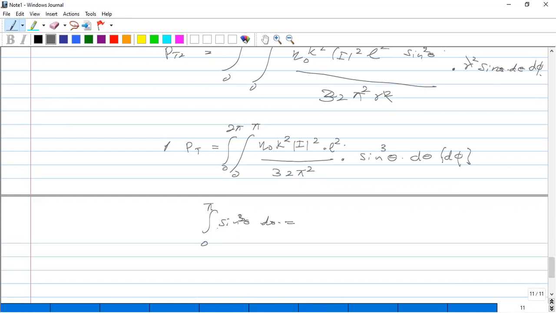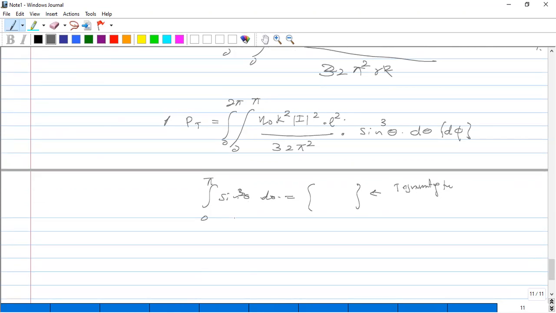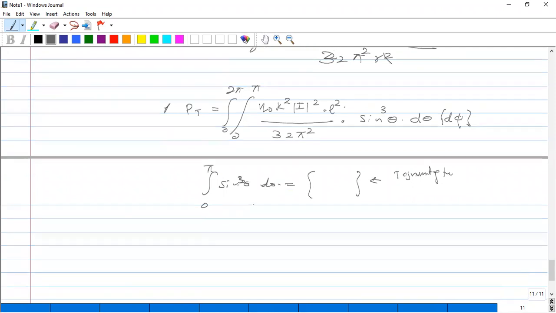So you have to do this integral. Either you can do it using trigonometric identity. Okay, so try to do it by yourself. I think you have done this kind of integral. These are standard integrals actually, so you can calculate them by yourself.